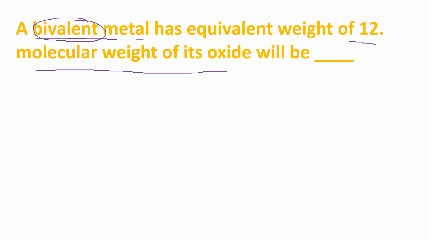Then here the equivalent weight is 12. The equivalent weight is given, that is 12. How will you calculate? Divalent means you have to multiply with 2, then you will get 24. So now you know the atomic weight of the metal. Then oxide. So this is 24.